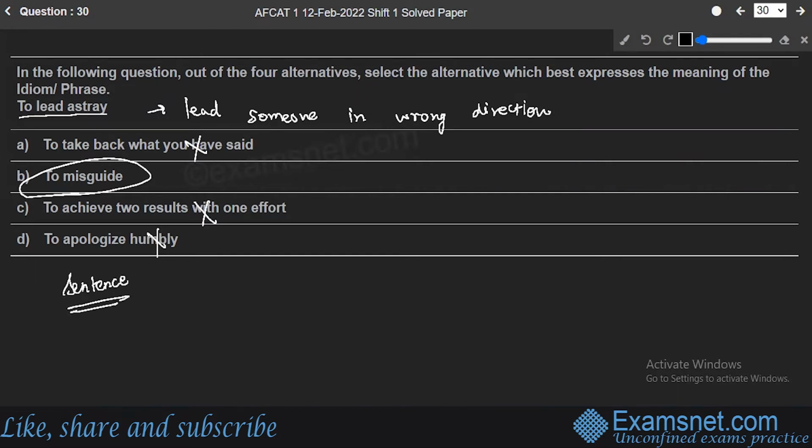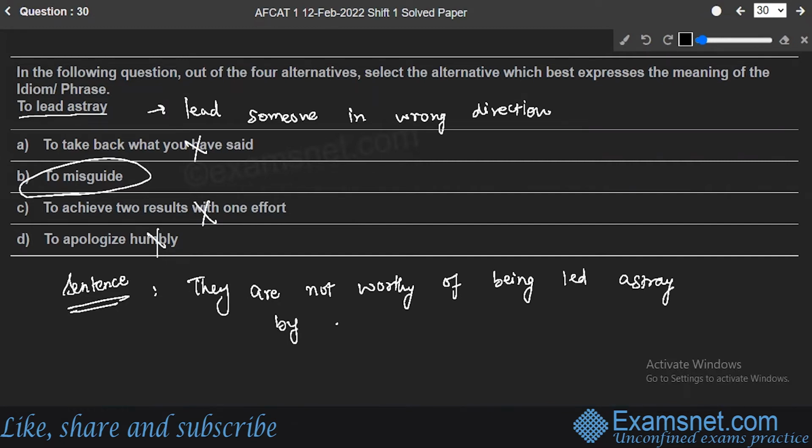They are not worthy of being led astray by a little bit of flesh. Or you can say, I was led astray by an out of date map.